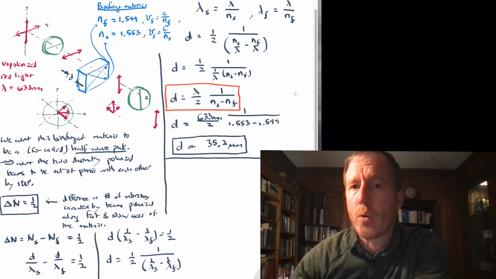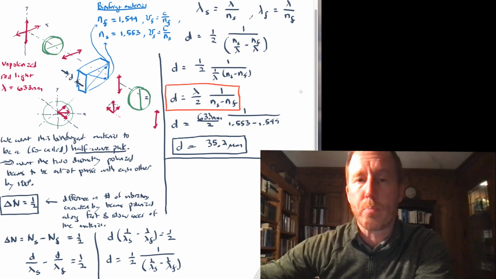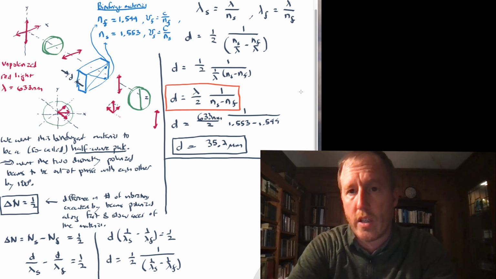So depending on what kind of light you want to transmit through these cross polarizers, you need to make birefringent materials of different thicknesses. This is precisely what you did when you took cellophane tape and layered it to different thicknesses.